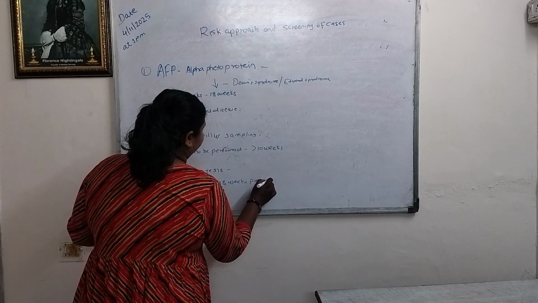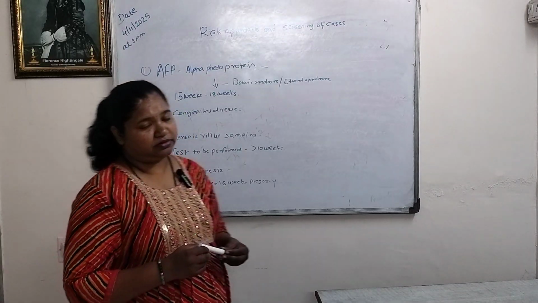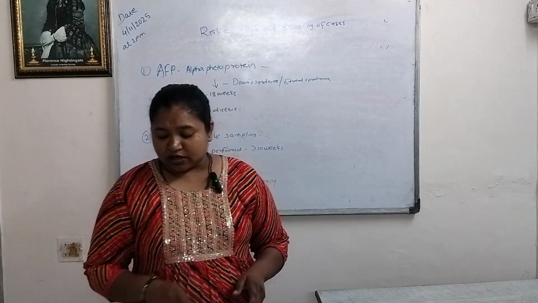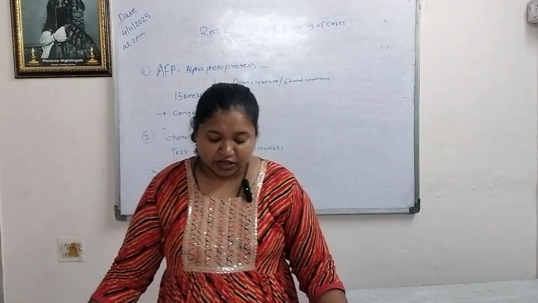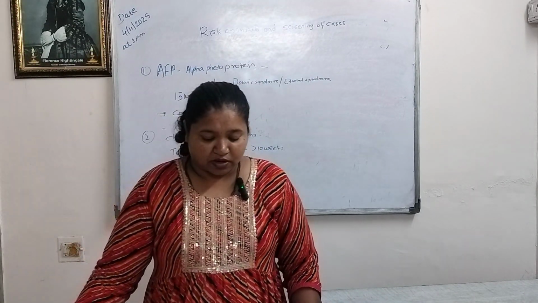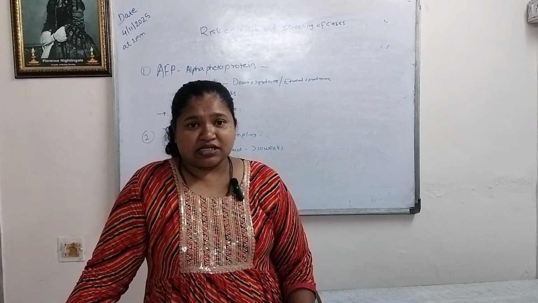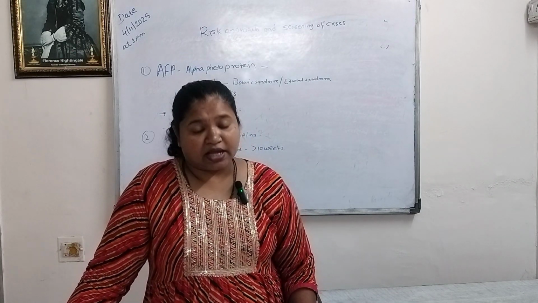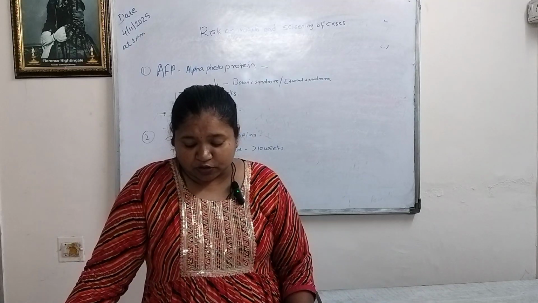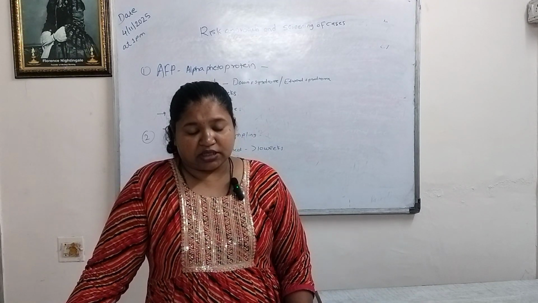So these are the tests that need to be performed to find out any deformities in the fetus. Then the triple test has to be performed. The combination of the triple test is maternal serum alpha fetoprotein, HCG, human chorionic gonadotrophin, and unconjugated estriol to rule out Down syndrome.